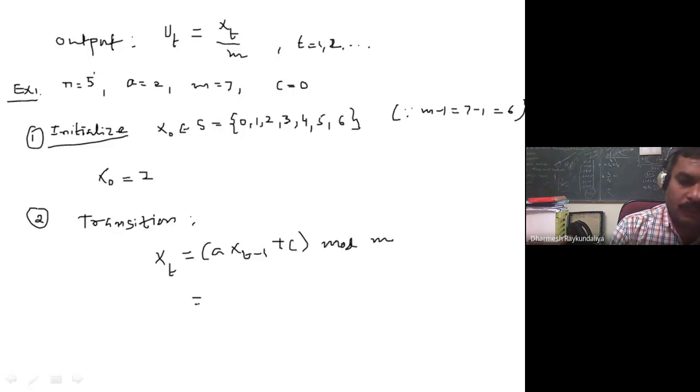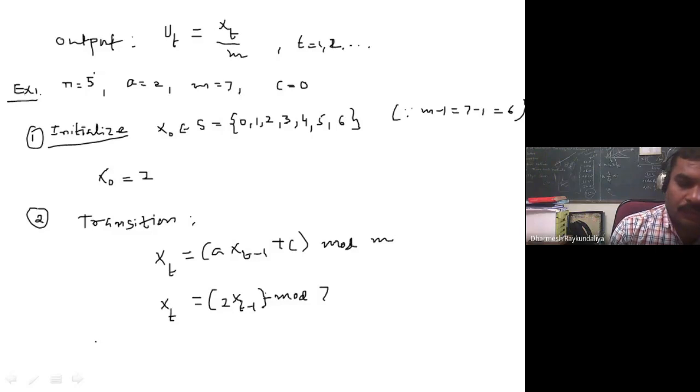But what is a here in our setup? A is equal to 2. Whatever the value of x0 I have taken, a is also taken from the set, and c equal to 0 is also from the set. So a and c should be integers. So xt minus 1, c equal to 0, modulo 7.